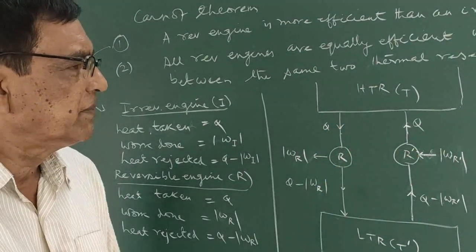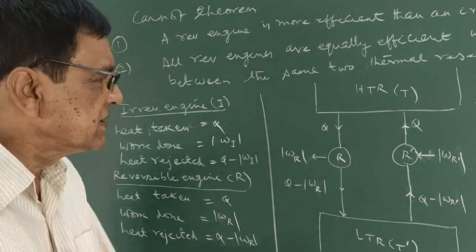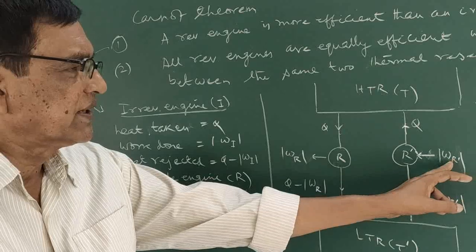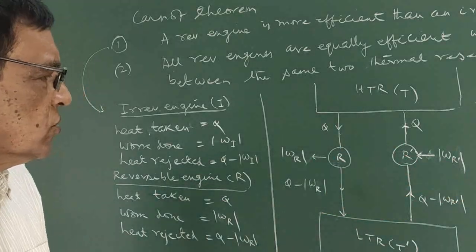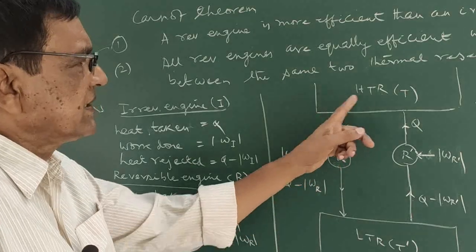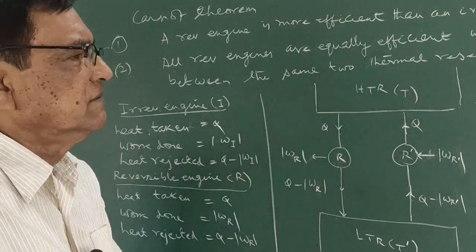These are the two couplers. This is acting as the refrigerator and this one is the engine. And this work is supplied to this refrigerator. So here there is no loss of heat to this HTR.